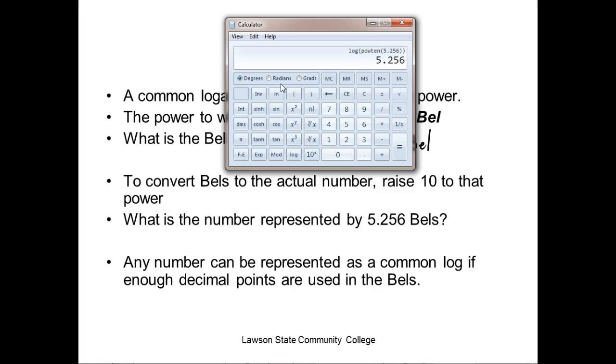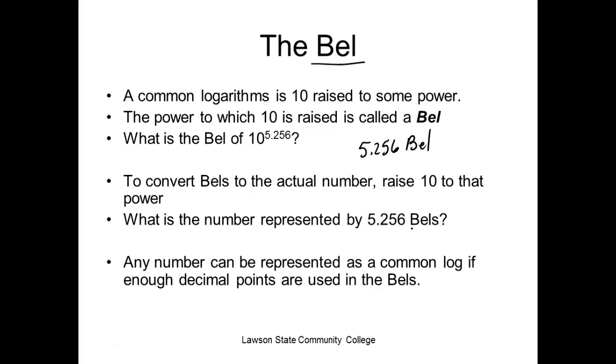So all the common log is, it's a common base always of what? 10. So I can start representing things in Bels, and now I can add exponents together, right? You understand? Because that's what we do when we multiply numbers with exponents, and if they have the same base, all we have to do is just add them together. But we need to round.